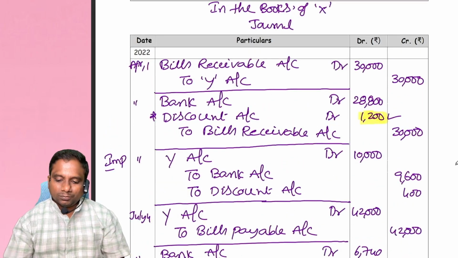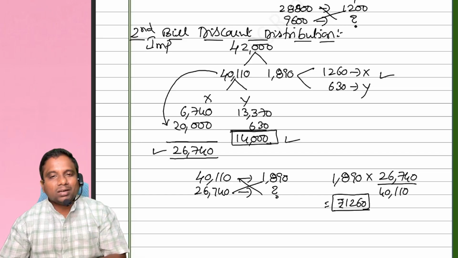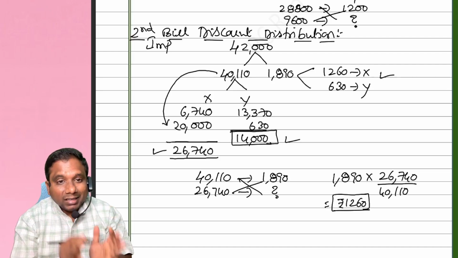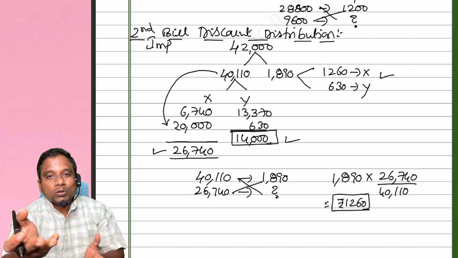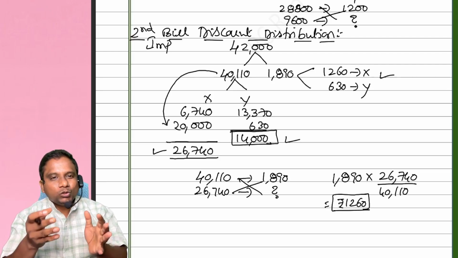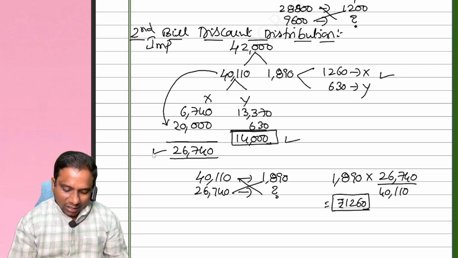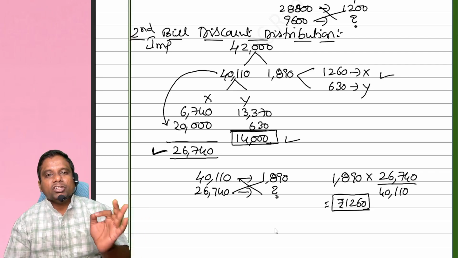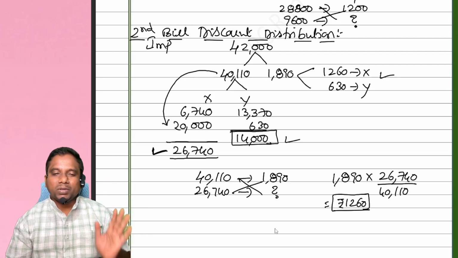To know that, you can observe, you can easily understand now. From X, Y has to receive 28,000 rupees. In this calculation itself, you can know that from X, we should receive 28,000 rupees.